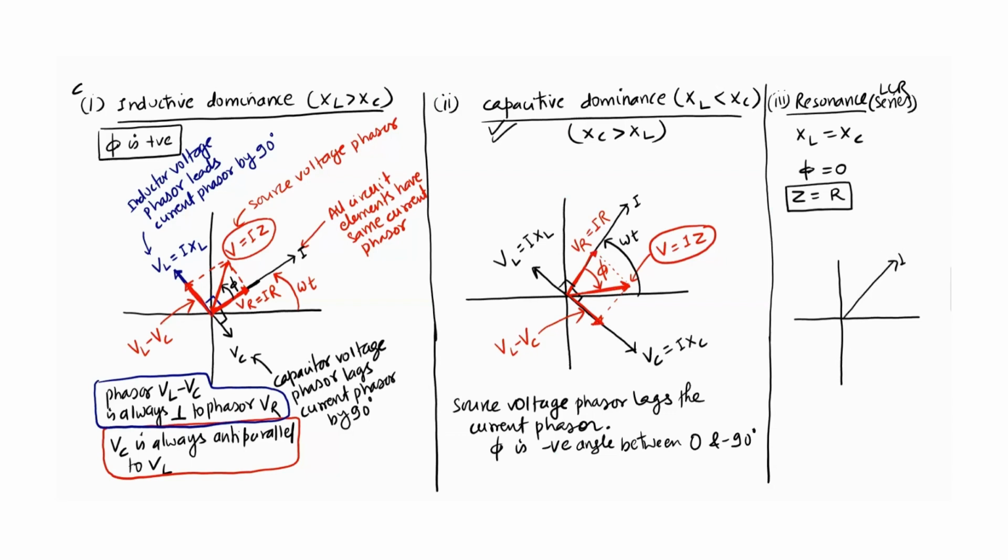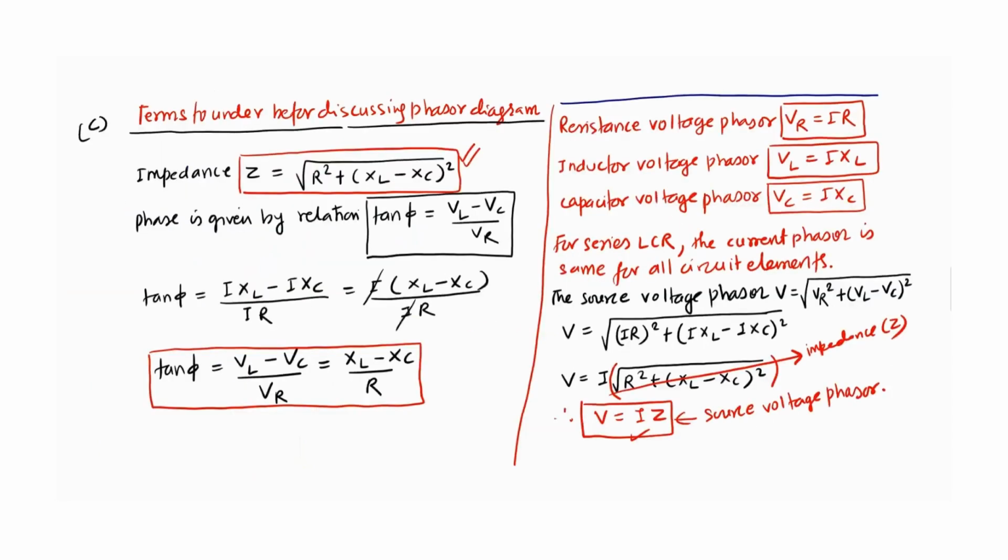This is for Z equals R, and this is XL, and this is XC. So this is the phasor diagram for the resonance LCR series circuit. Now next we have to plot the graph.